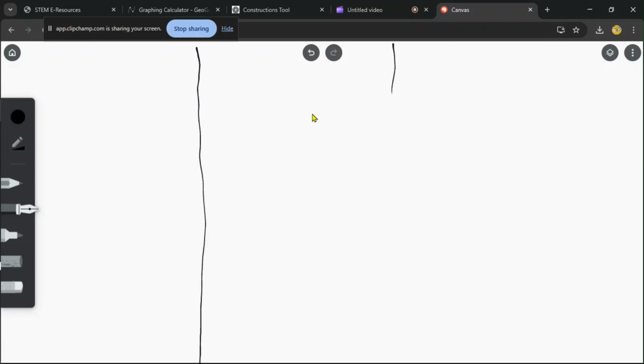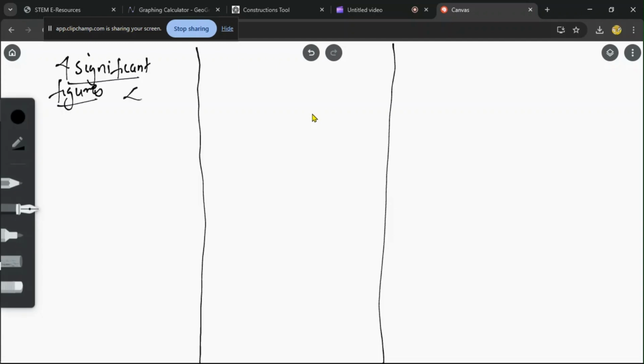So we want to write numbers in 4 significant figures. In other words, you can say 4 SF. This means 4 significant figures. The first number is 4,251. So 4 significant figures.